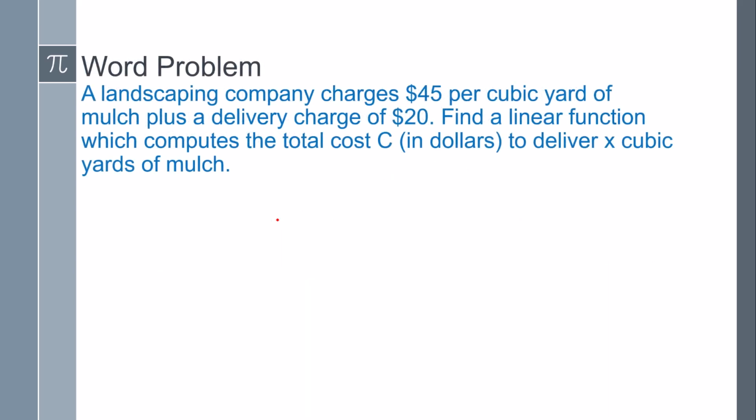So let's look at a word problem here. It says a landscaping company charges $45 per cubic yard of mulch plus a delivery charge of $20. Find a linear function which computes the total cost in dollars to deliver x cubic yards. If we say 45 per yard, I don't know how many yards there are, but there is going to be a multiplying effect: 1 yard, 1 times 45. 2 yards, 2 times 45. 3 yards, 3 times 45, right?